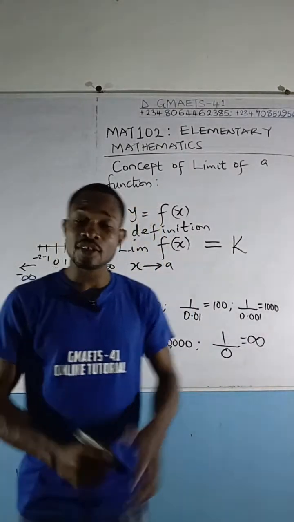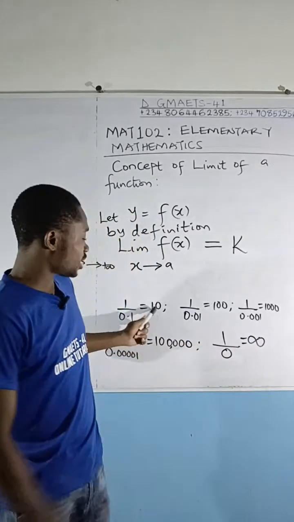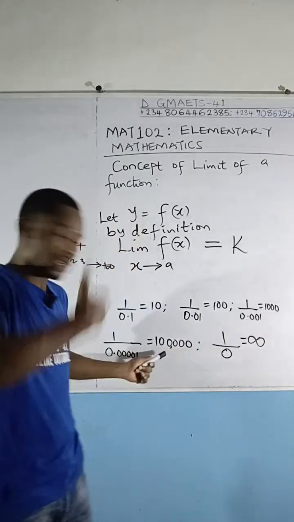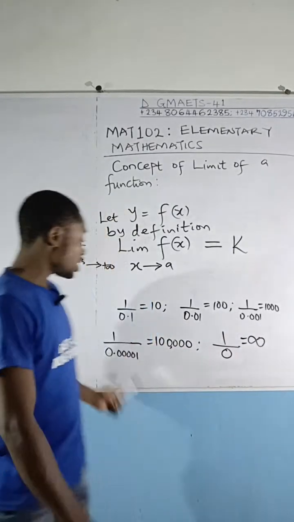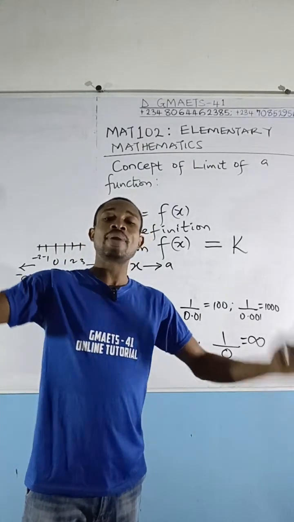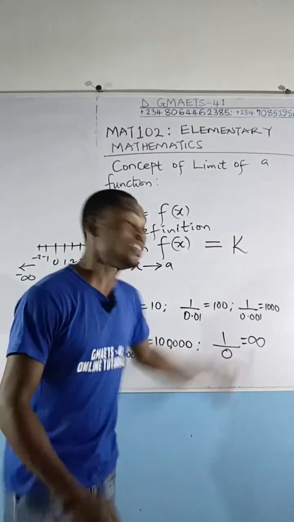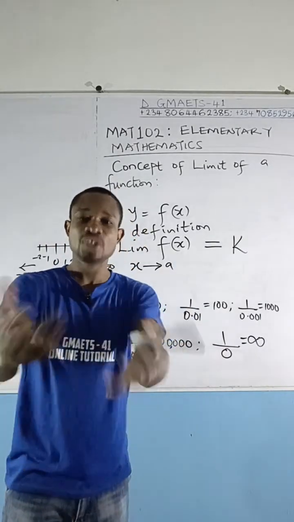That infinity positive, you know, it means a number so large. Look at the answers we are getting: 10, 100, 1000. You know, it was increasing, 100,000. So if eventually the denominator becomes 0, the final result you are going to get will be a number so large that you don't know, and we call it infinity. That is that concept of undefined, which you refer to.